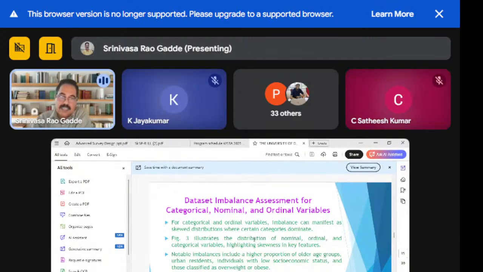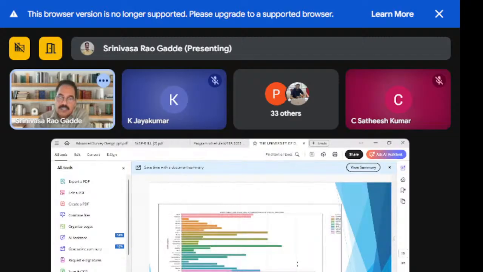To understand this categorical data, we have also used Figure 2 to show how they are normalized. This Figure 2 illustrates that we have considered sex, age distribution, different categories, BMI, and education level.